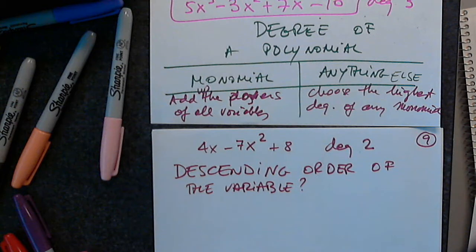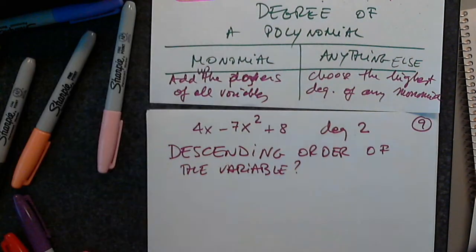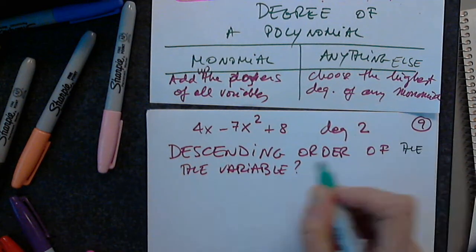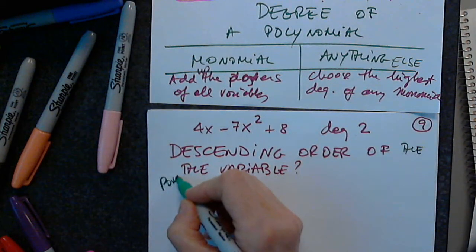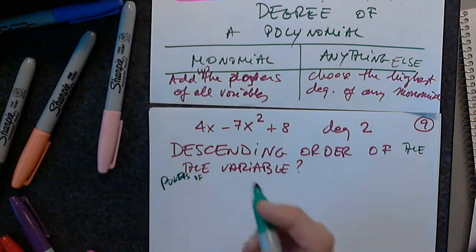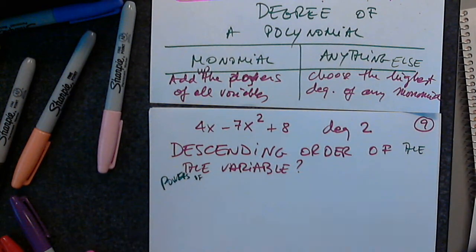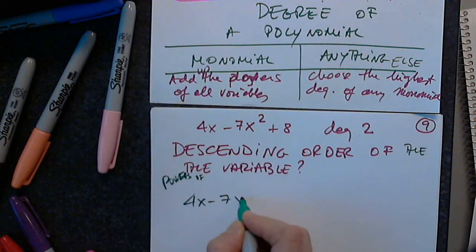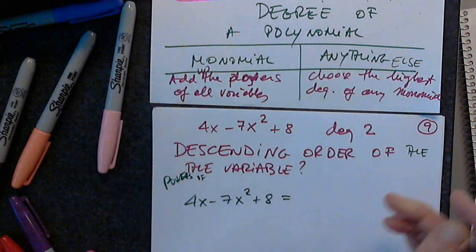This is extremely important. All polynomials should be kept in descending order of the powers of the variable. So how would you rearrange 4x minus 7x squared plus 8?